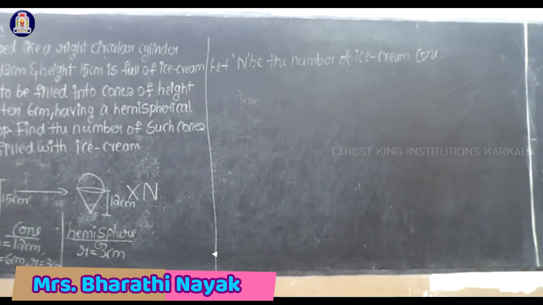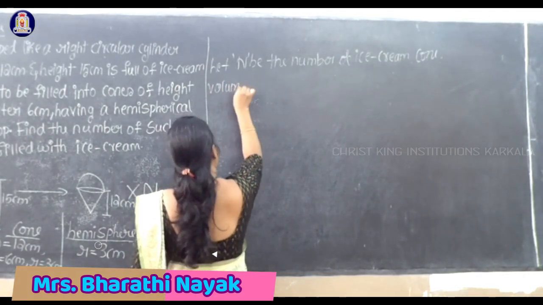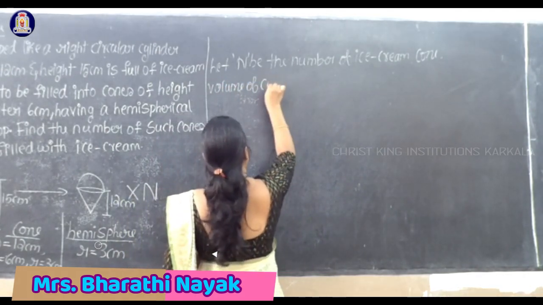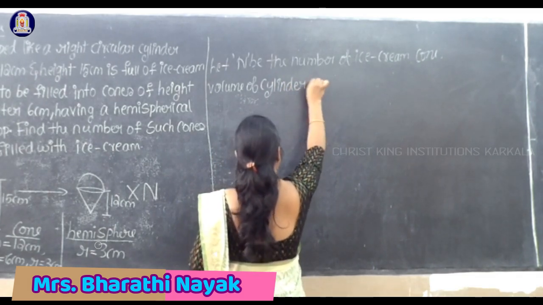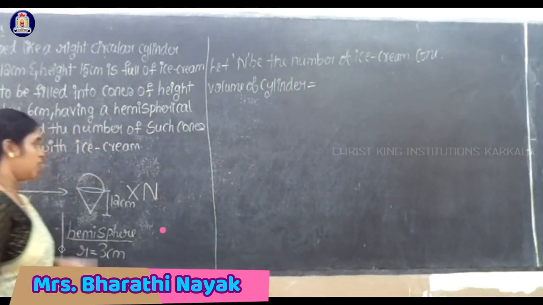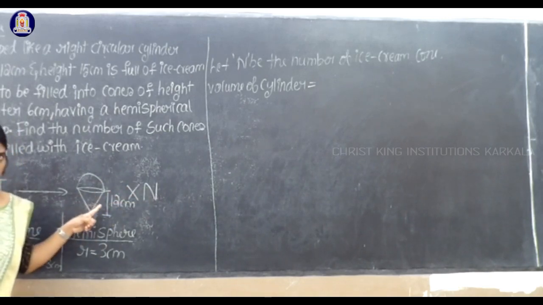So shall I write here the volume of the cylinder? Volume of cylinder is equal to, how many cones are there? There are N cones, isn't it?